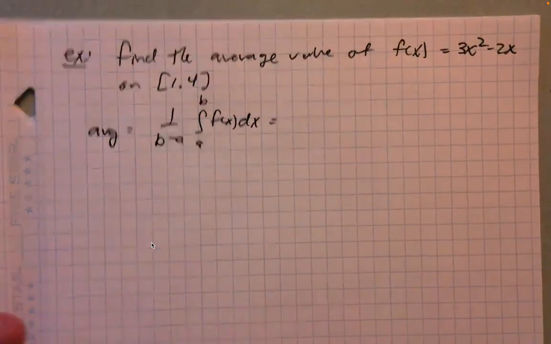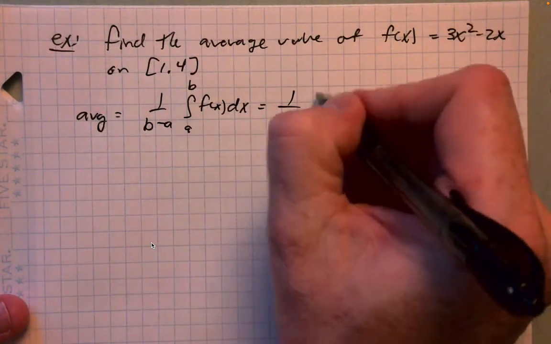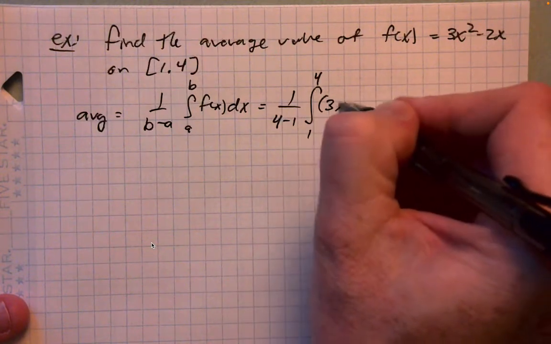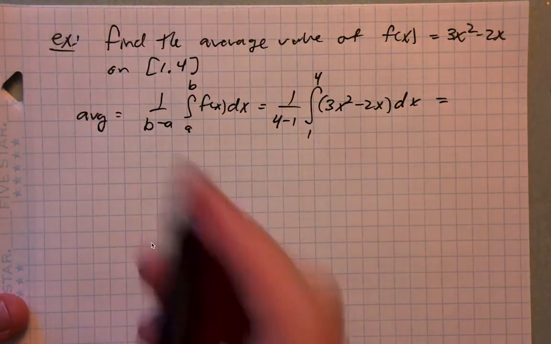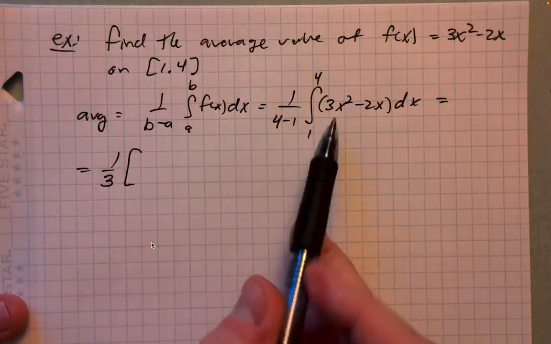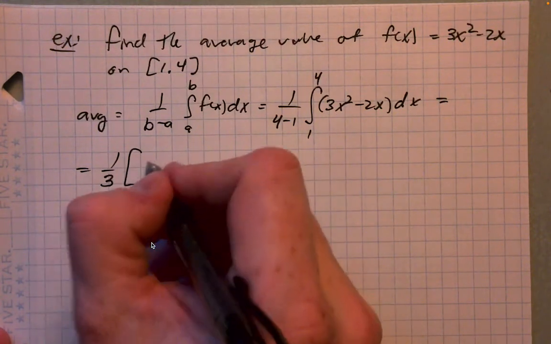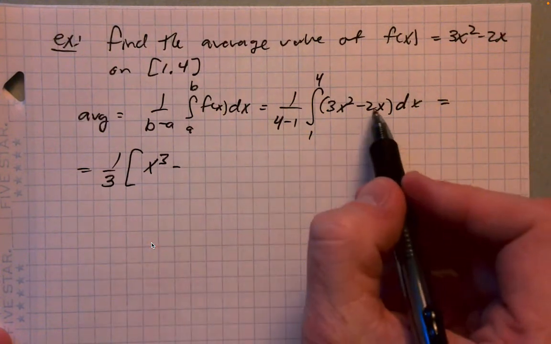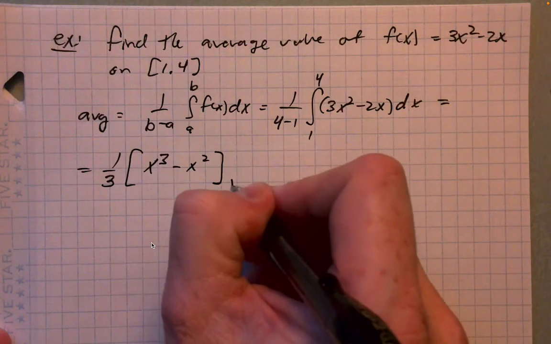It's just a matter of plugging those values in: 1 over 4 minus 1 times the integral from 1 to 4 of 3x squared minus 2x dx. So that's 1/3, and the integral is x cubed minus x squared.